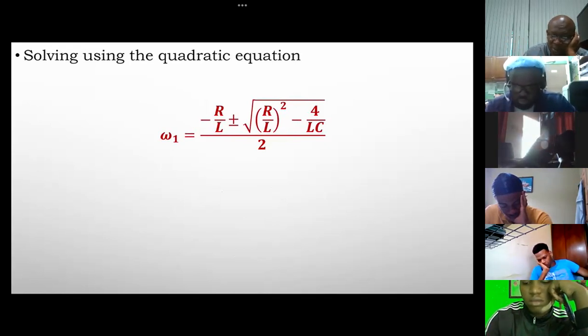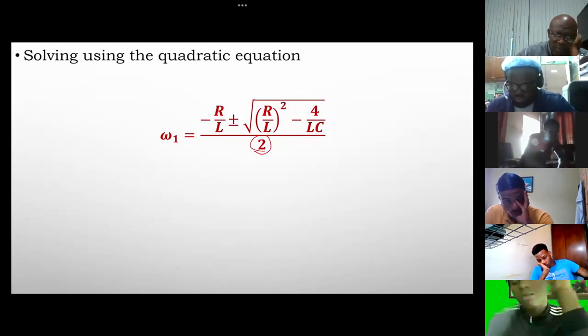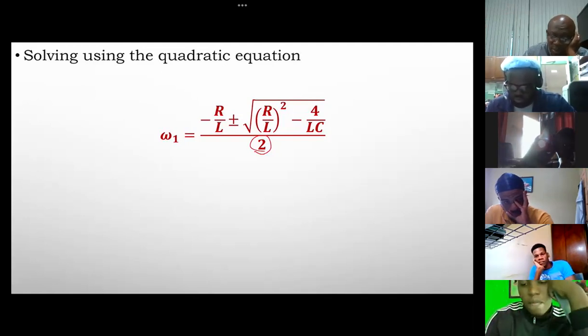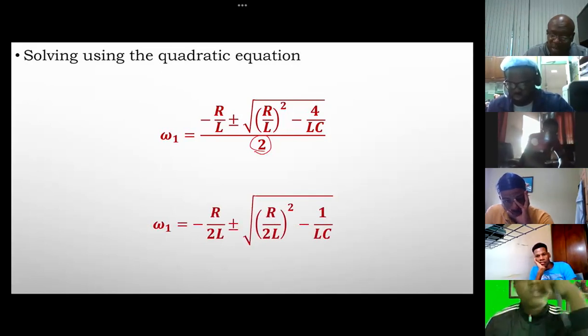And then if I bring the 2 into the square root sign, bringing a half into the square root sign means I'm going to be multiplying by a quarter, because the square root of a quarter is a half. So I'm just putting everything within the square root sign. And of course, we are dividing R over L by 2, so that's R over 2L.